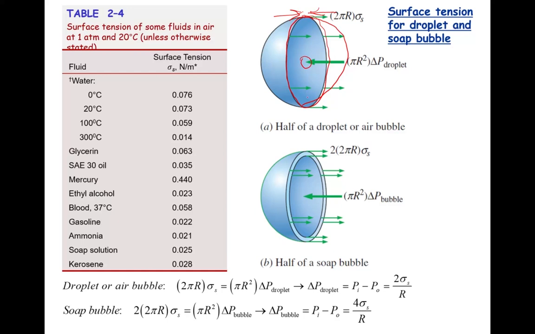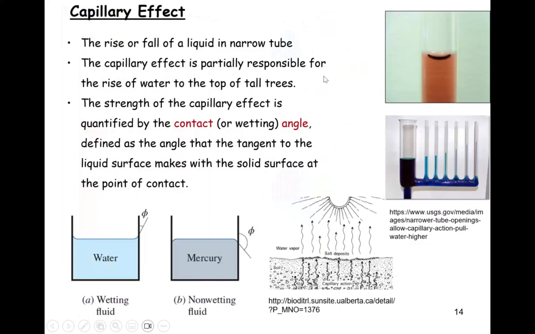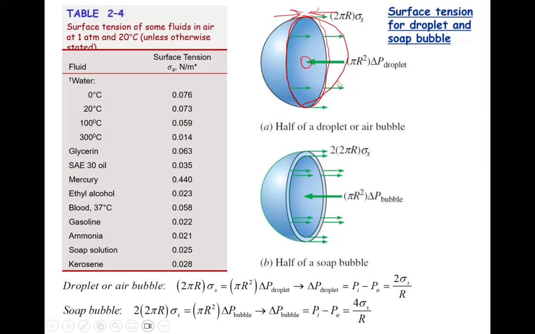The force acting around the perimeter is the surface tension, and the force acting inside to balance it is called the pressure force. So these two need to be balanced.